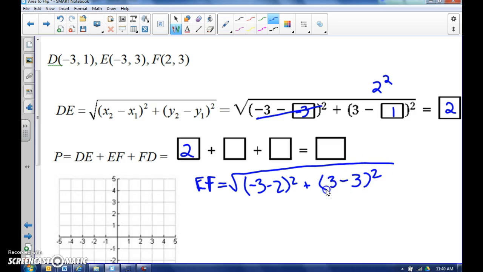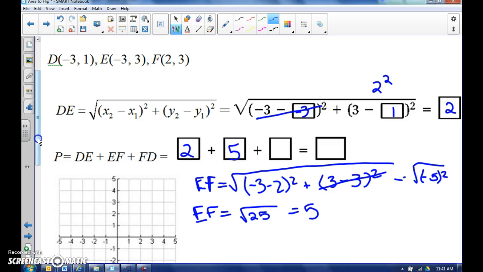Again, 3 minus 3, that gets you 0. That goes away. So EF equals negative 3 minus 2 gets me negative 5. Well, that ends up being the square root of 25, which is just 5.